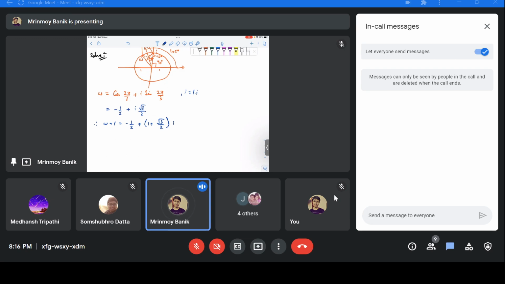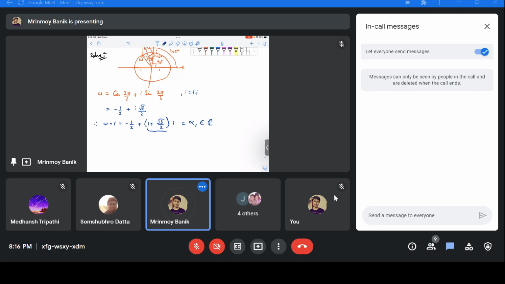So if this is a root of the equation, let's call this alpha 1. Now alpha 1 is a complex number. As you can see, it has a non-zero imaginary part.